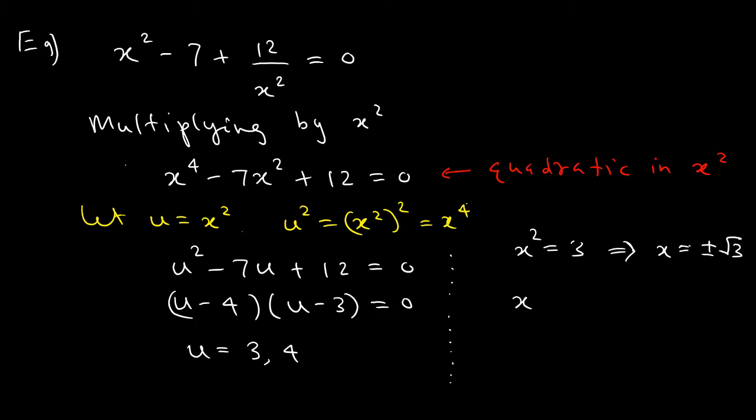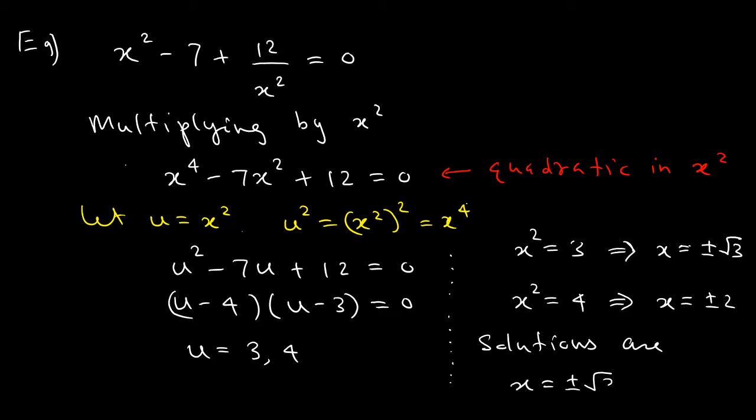Then you set the other one, x squared equals 4, that's the other value, so x equals plus or minus 2. So the solutions are x equals plus or minus square root of 3, and plus or minus 2. Those are all the solutions of this one.